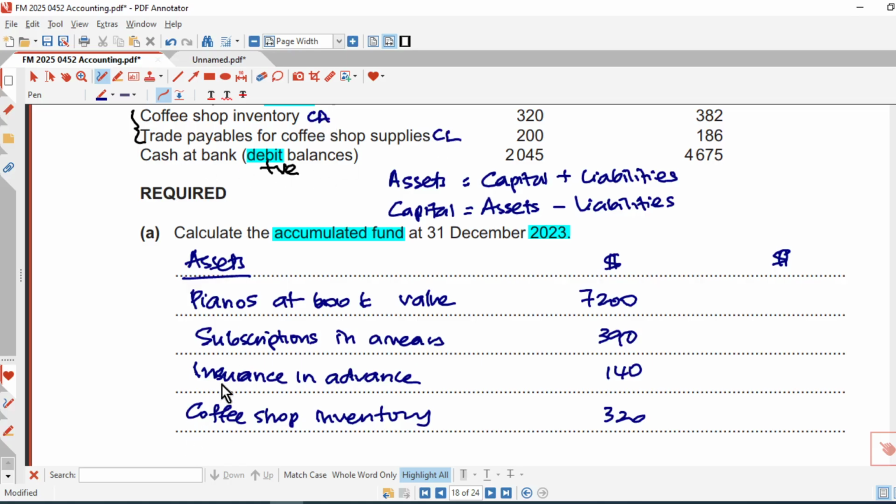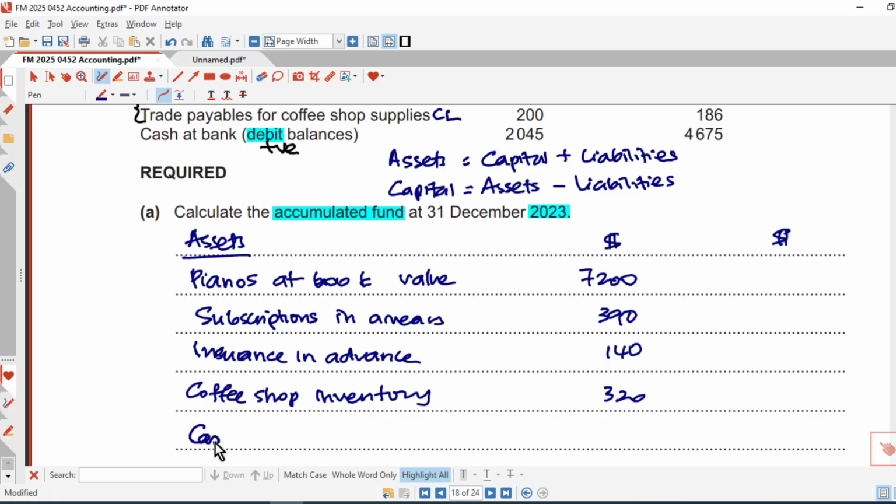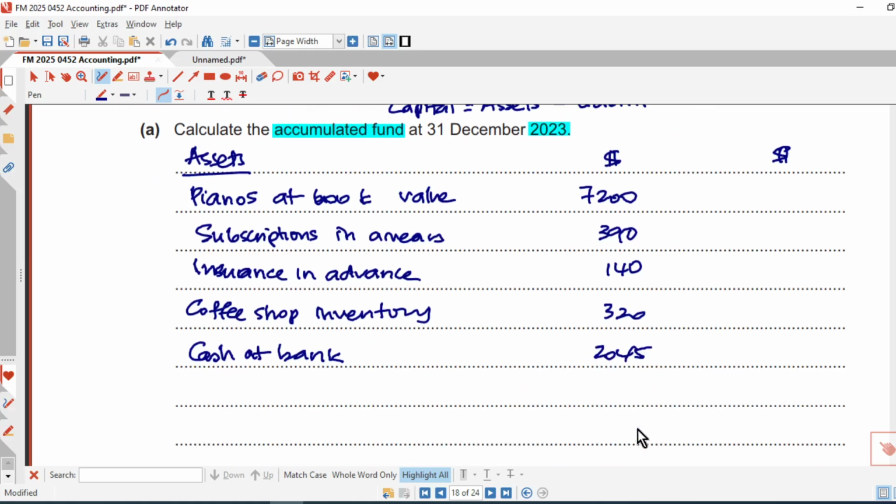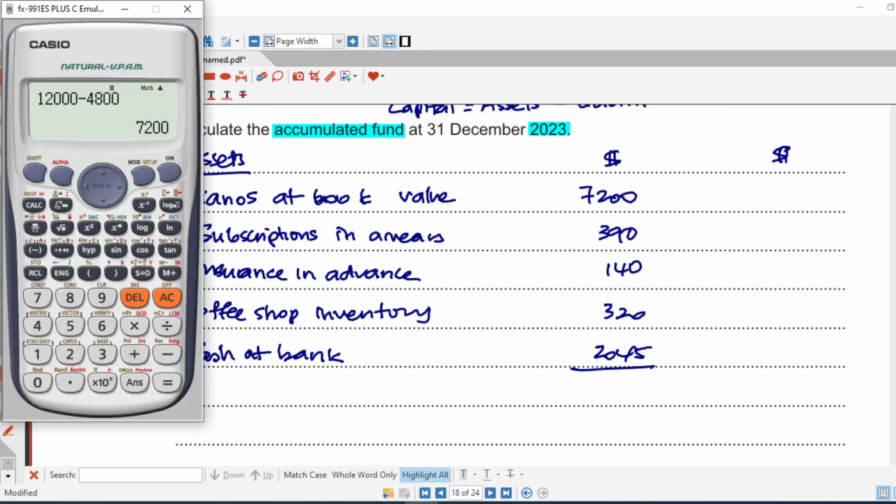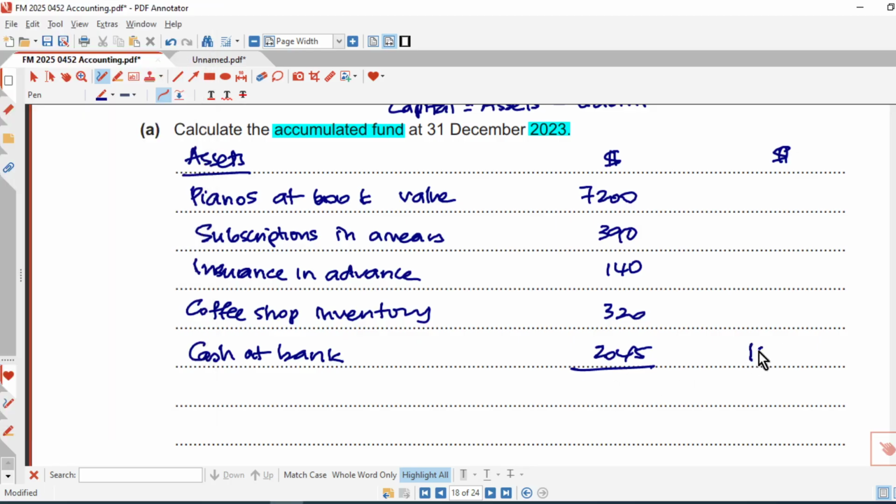Cash balance, yes, that is a positive. So cash at bank is 2045, right? I bring in all the assets that I have. So this leaves me with total assets of $10,095. Right, one part of it is done.